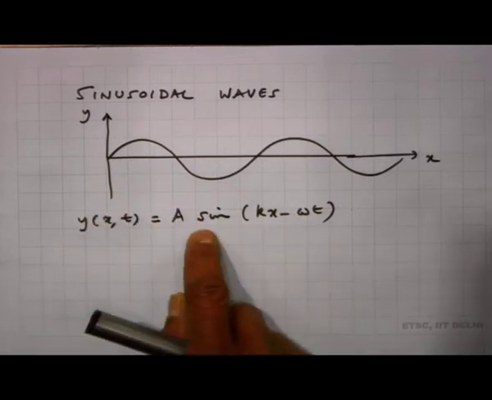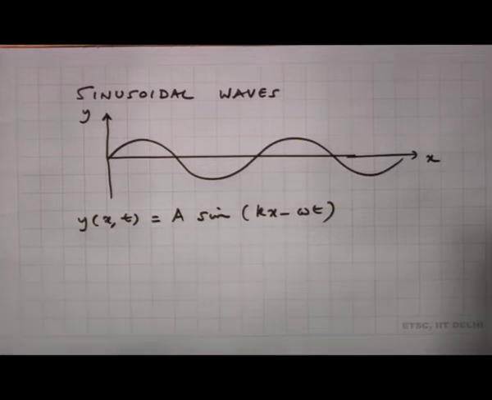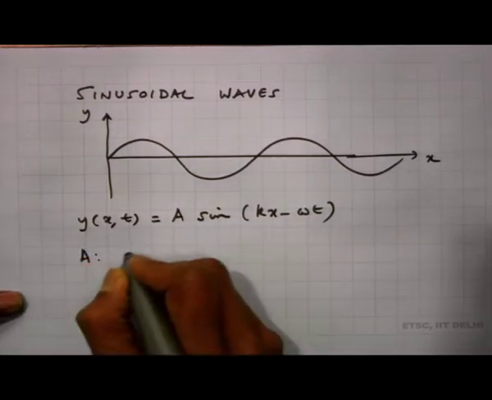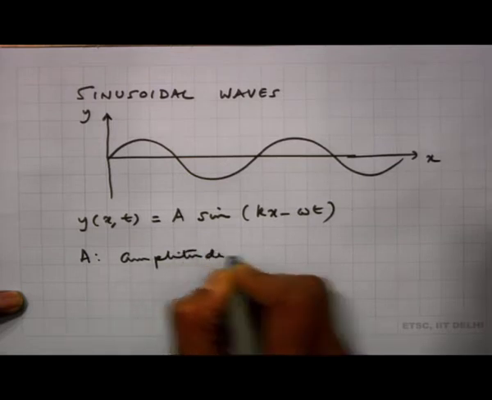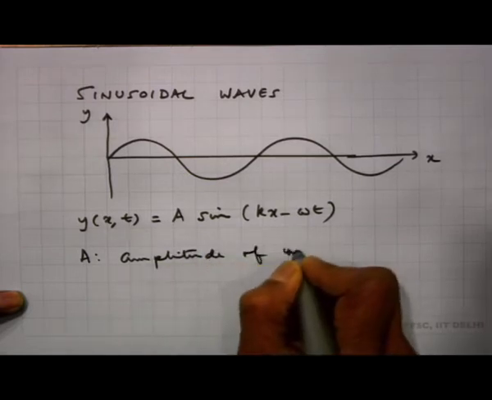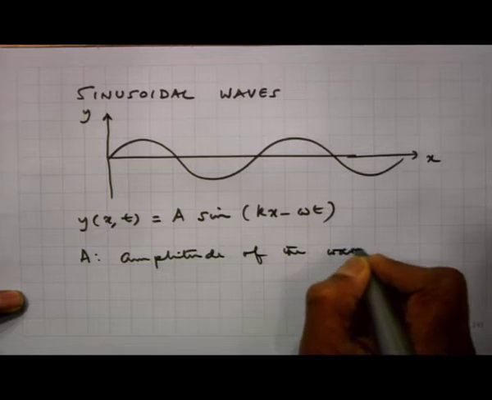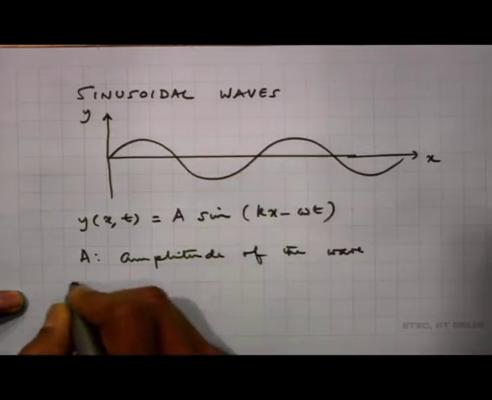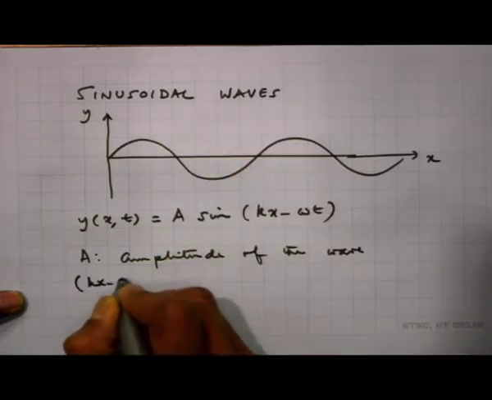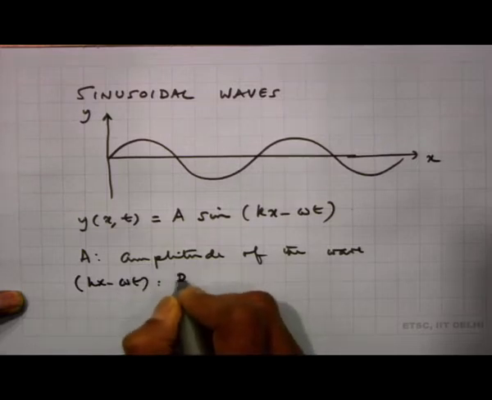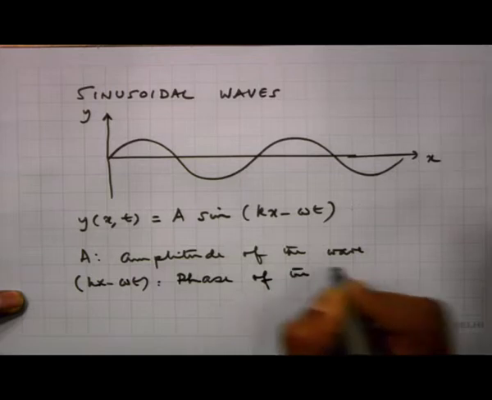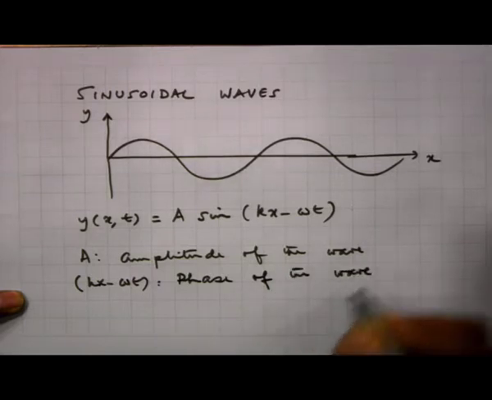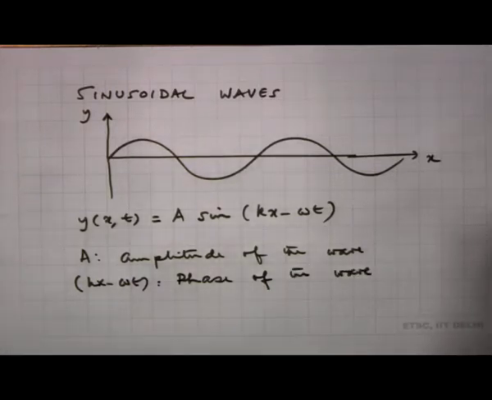These are sinusoidal waves, and A is called the amplitude of the wave, the maximum displacement, and this quantity kx - omega t is called the phase. kx - omega t is referred to as the phase of the wave.